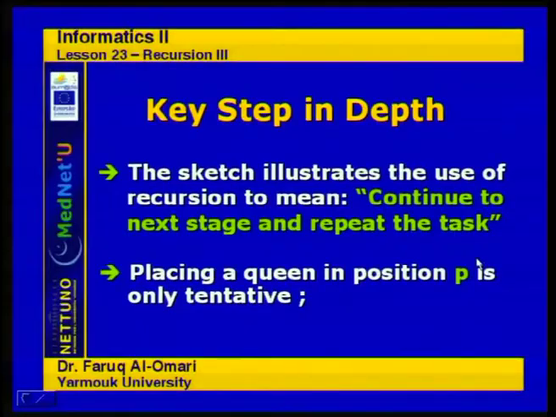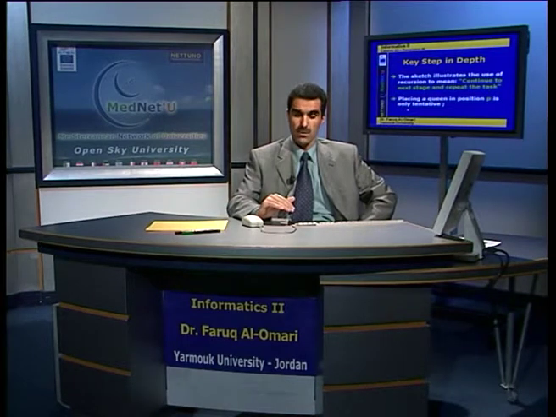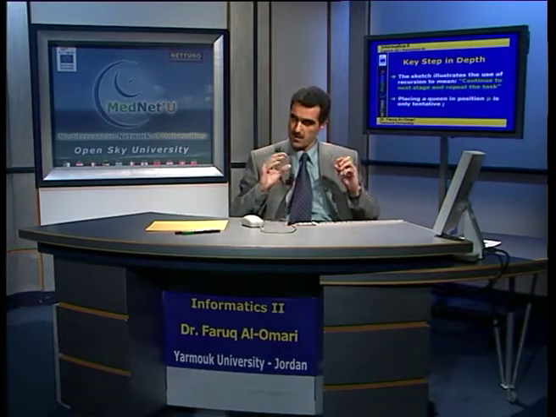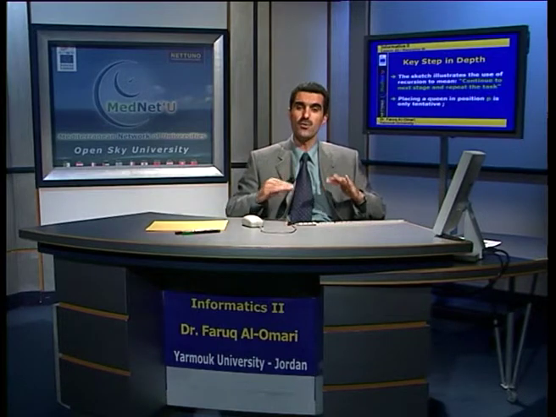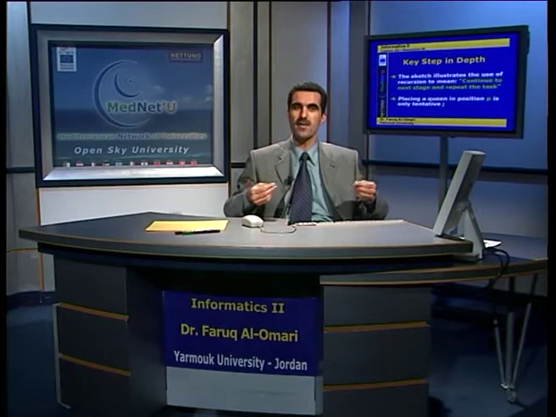Placing a queen in position P is only tentative, as we have mentioned on the previous slide, because yes, I have added it in a safe, free place where I can have the queen. However, when I tried to add a new queen after that, I couldn't find any proper place for it.